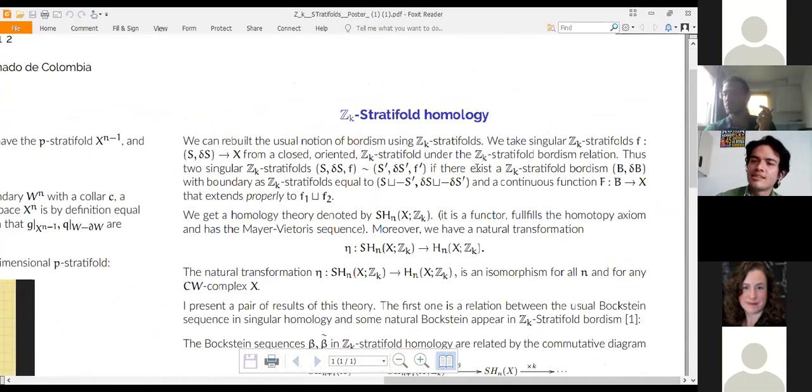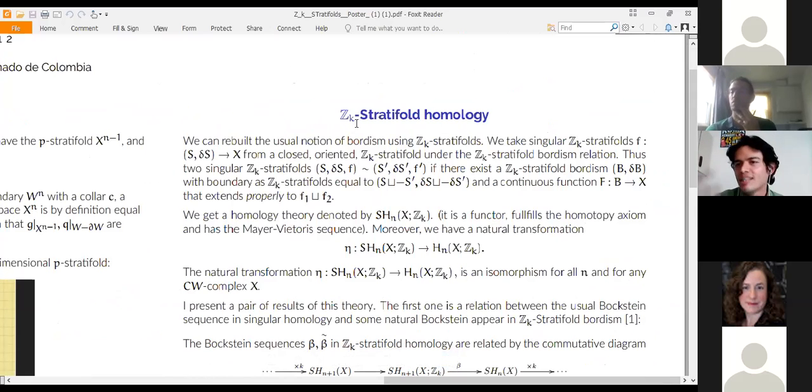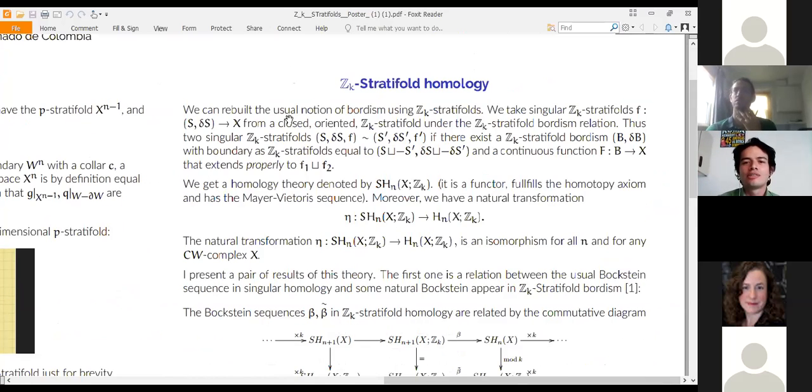Using CK stratifolds, we can construct a homology theory with CK coefficients. And the idea is just to avoid the usual notion of bordism to construct this theory. And you can read here again the definition.